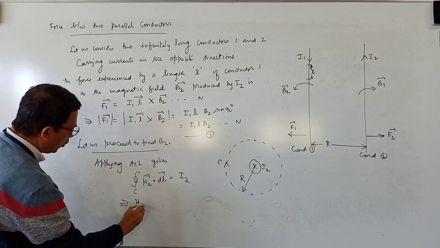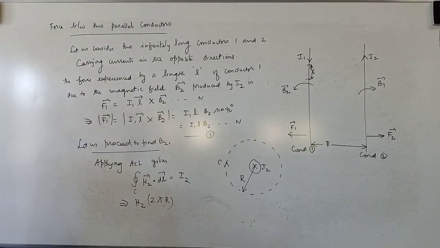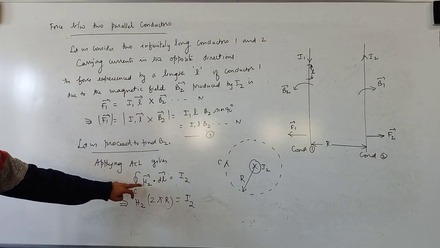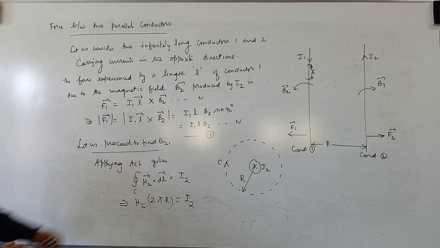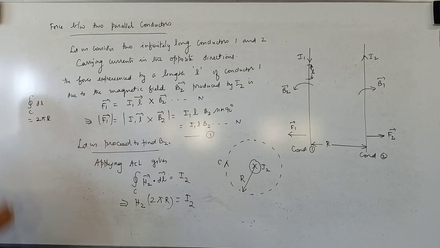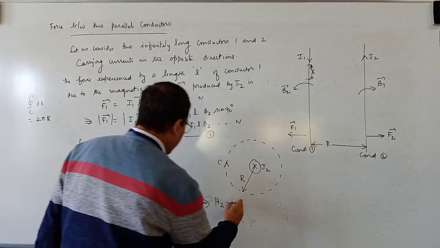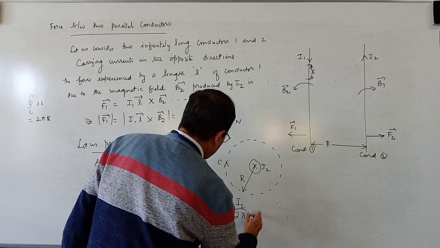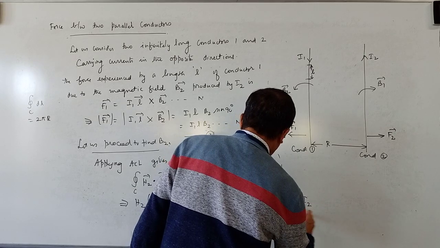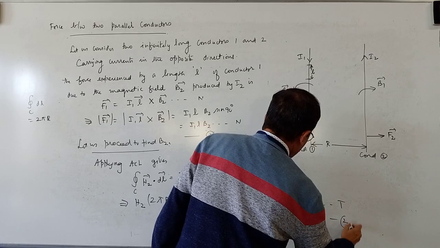The contour integral of dl is nothing but the circumference, so H2 into 2 pi r equals I2. This implies H2 equals I2 divided by 2 pi r. This in turn implies B2 equals mu naught into I2 divided by 2 pi r, so many Tesla. This I call equation 2.